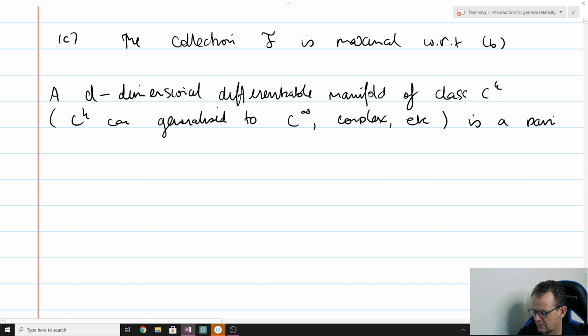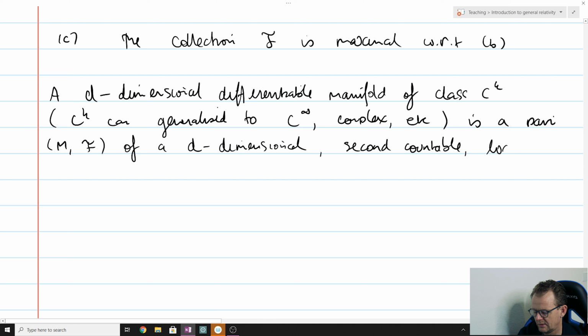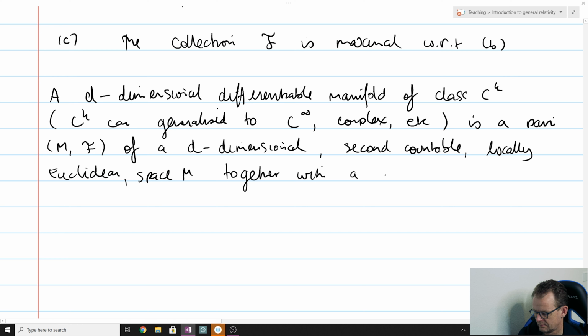What is it? It's a pair: a d-dimensional second countable locally Euclidean space M together with a differentiable structure of class CK.